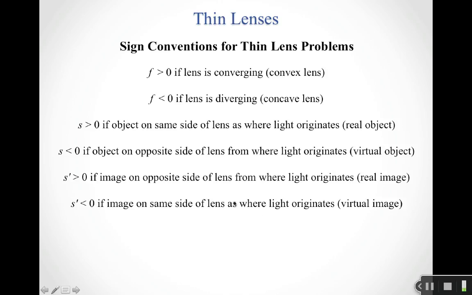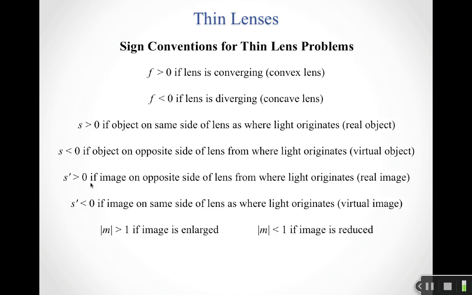So we often think of this as a positive image distance if I'm on the image side of the lens, a negative image distance if I'm on the object side of the lens. And you notice that whether I have a real or virtual object, or a real or virtual image, is literally just encapsulated in the sign of the object distance or the image distance.